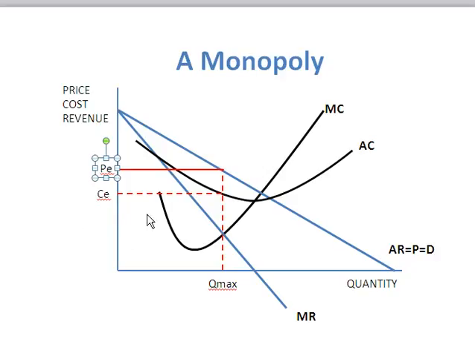And you'll notice that once again the profit is calculated by multiplying PE times Qmax, that gives us the total revenue, and CE times Qmax gives us the total cost. As you can see, the price received is higher than the cost, so in this case it is going to be a profit. The region of profit is not that, but that.